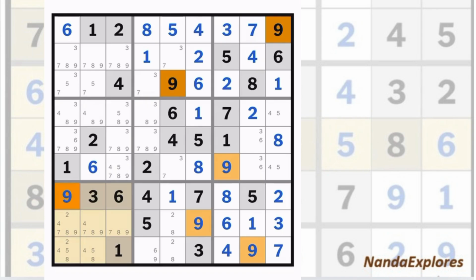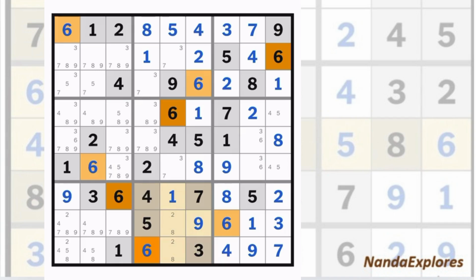So you have a 2 8 2 8 3 7 3 7 in this. So since this is a 9, this becomes a 6. A 4 is already there, so you need to remove 4 and 4 from here. So it's a 2 5 8 from here.